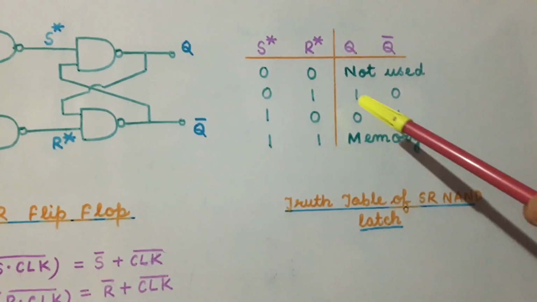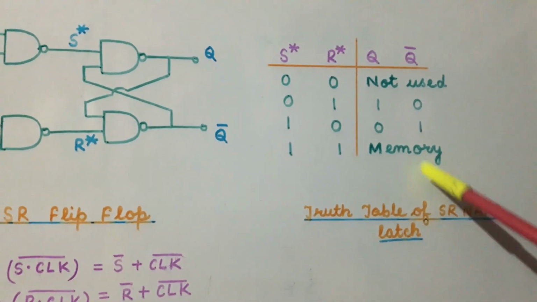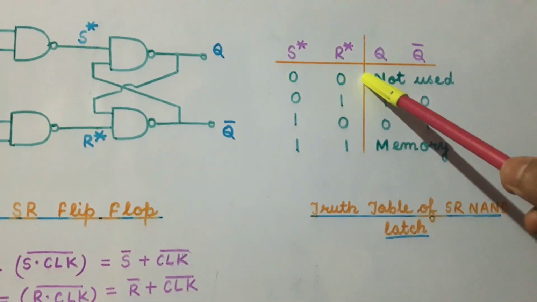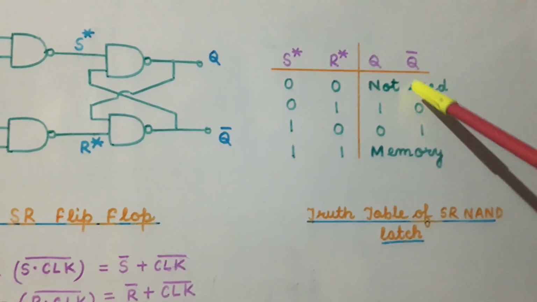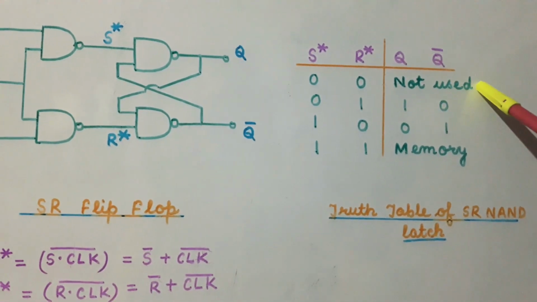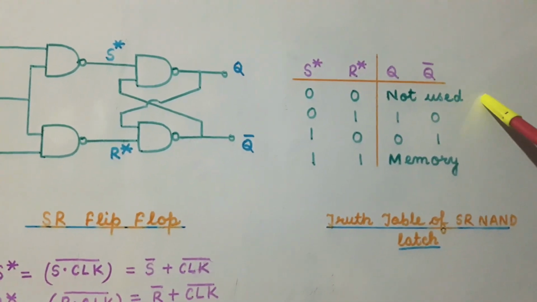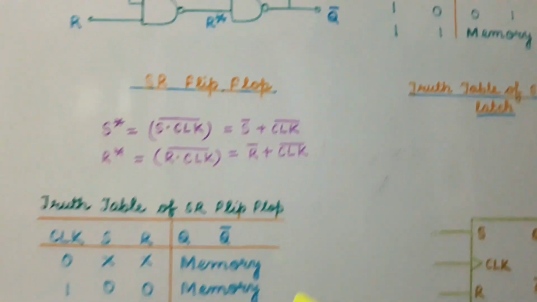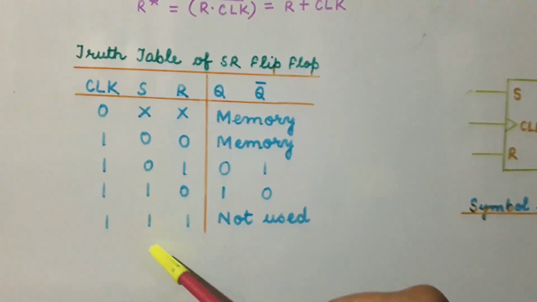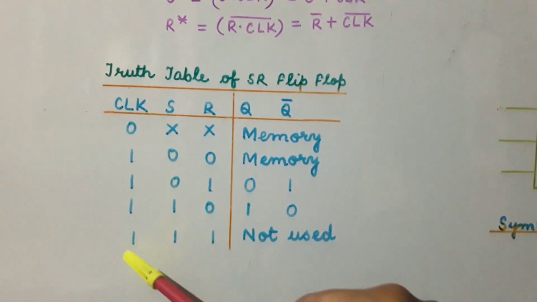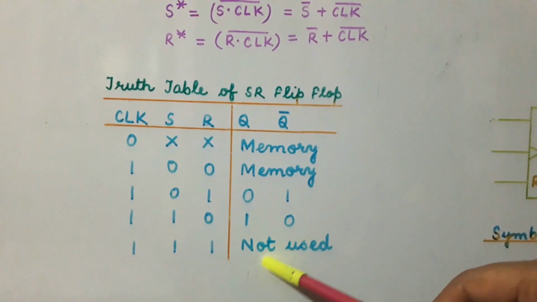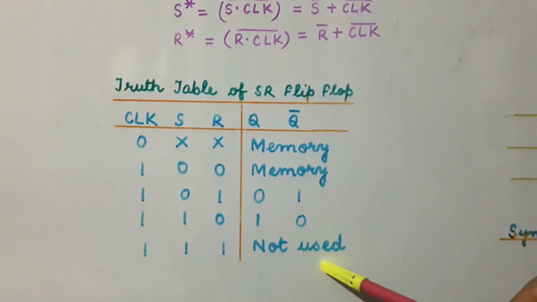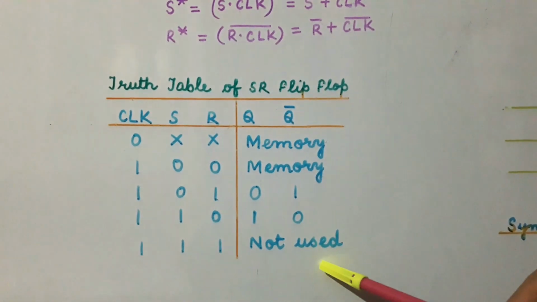And from the truth table of the SR NAND latch, we find that when the value of S star and R star is 0, then this is the not used case. This is the contradictory case. So, when the value of S and R is 1 and the clock is high, you will get the not used condition. This is the contradictory case.